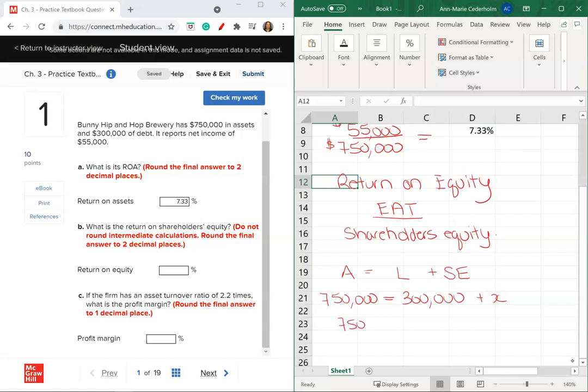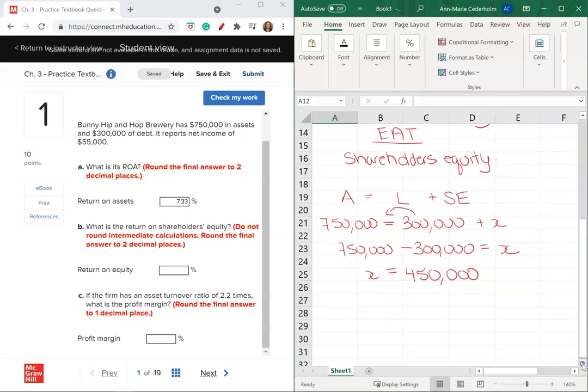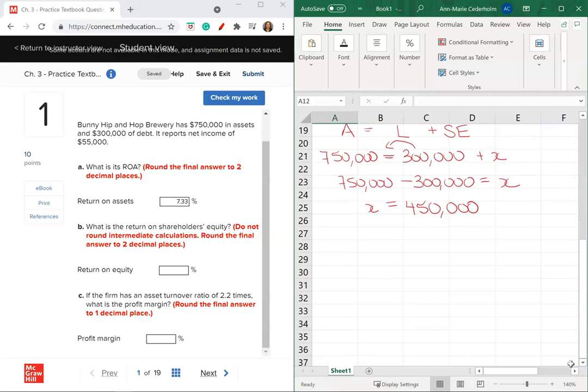So I'll do 750,000 minus that over on that side. So the shareholders' equity answer is 450,000. So now I can go ahead and take our earnings after tax of 55,000 and divide that by our shareholders' equity of 450,000.